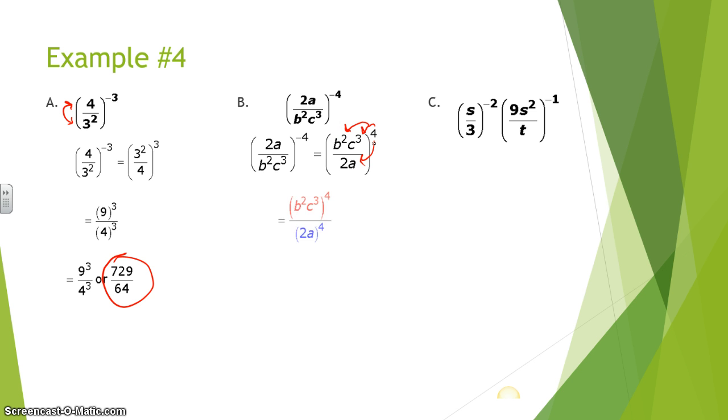So we have b squared to the fourth. 2 times 4 is 8, so b to the 8th. 3 times 4 is 12, so c to the 12th, over 2a to the 4th. So 2 to the 4th times a to the 4th is 16a to the 4th for the denominator. So b to the 8th, c to the 12th, over 16a to the 4th is your final answer for B.